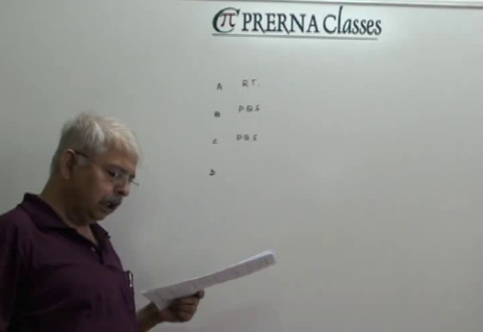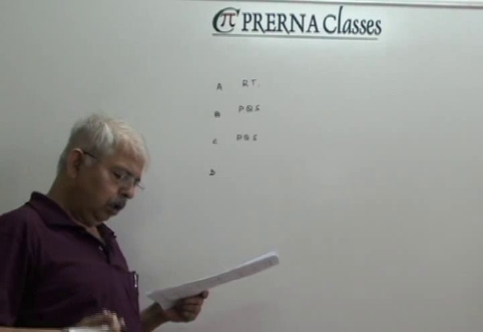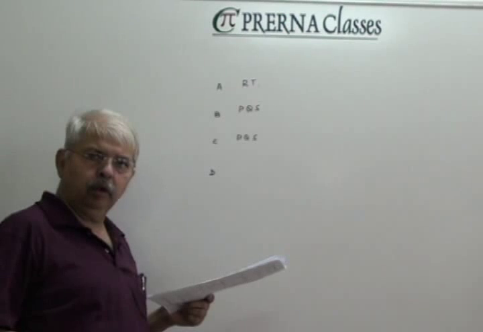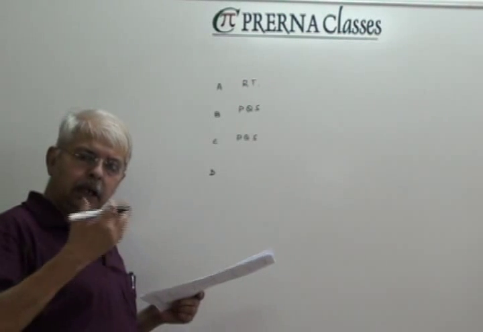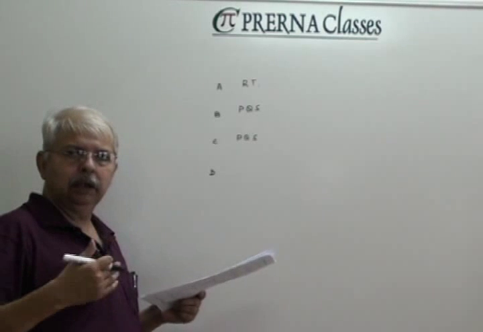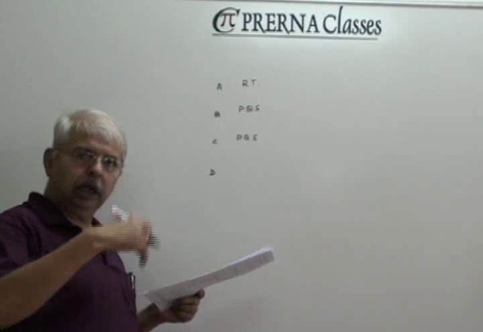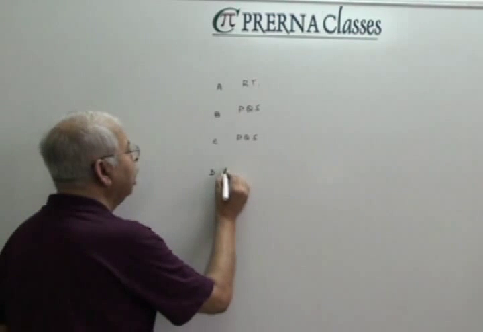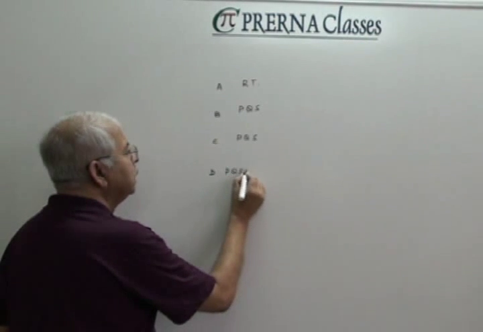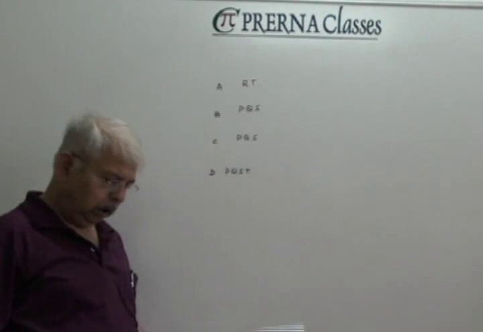So S and T are the correct options. Q is also equal to 0 and work done is also equal to 0 because the area covered by the circular path is nil. So P, Q, S and T.